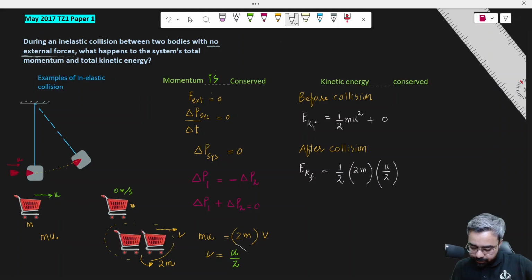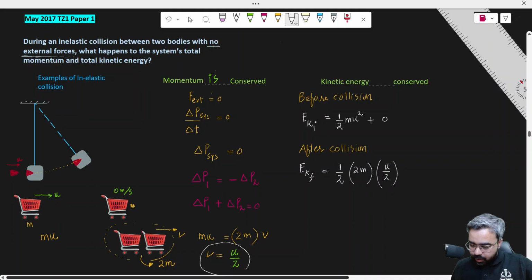We just saw this from the equation, so we take it squared: 1 over 2 into 2m times u squared over 4, and you can take 2 over 4 outside, and inside we have 1 over 2 mu squared.